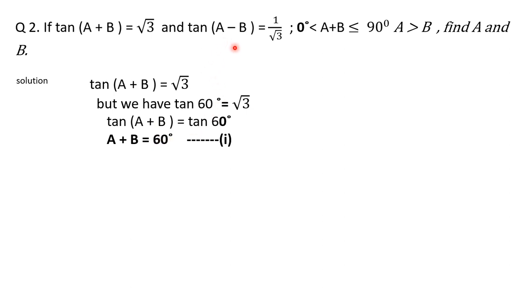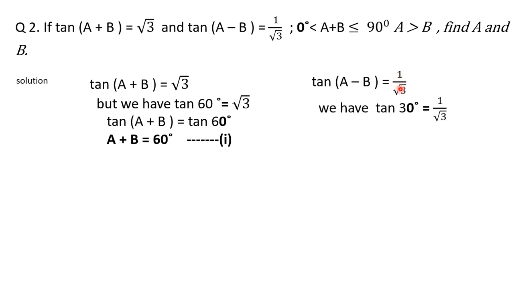Similarly, we are given tan a minus b is equal to 1 upon root 3. Now remember again what we have to find. The value given on the right hand side is 1 upon root 3, so that 1 upon root 3 will be the value for some tan theta angle. What value of tan is 1 upon root 3?